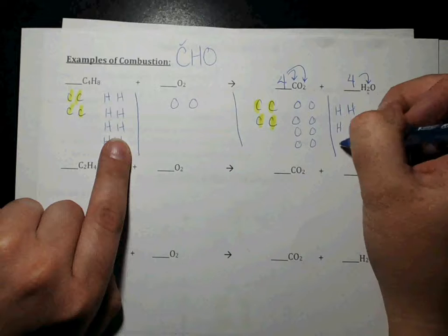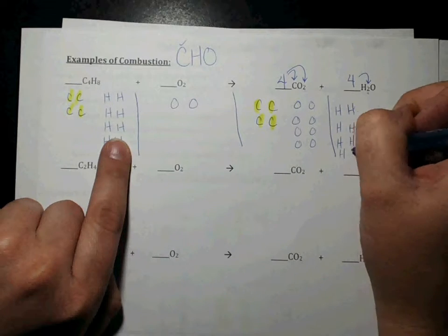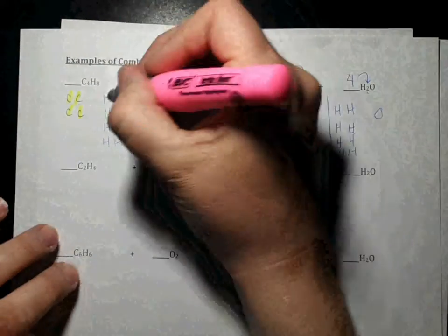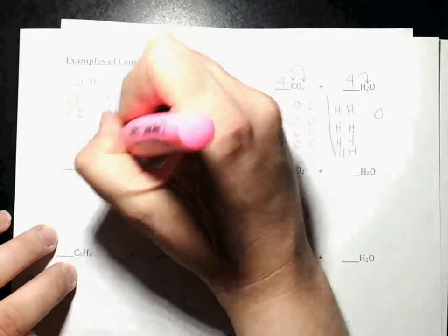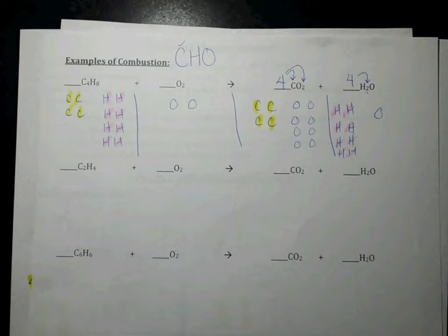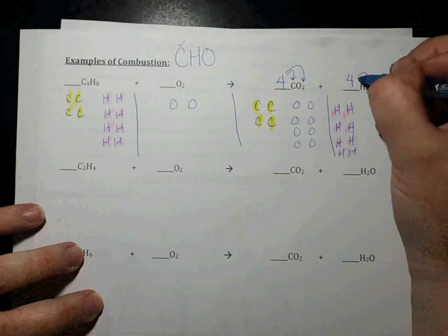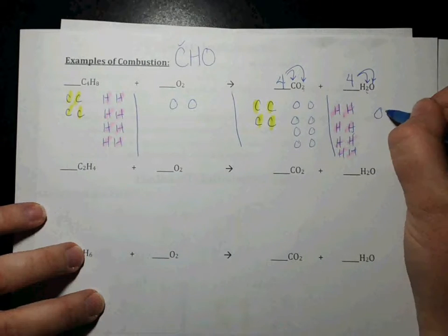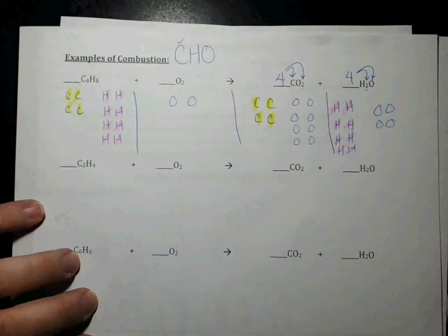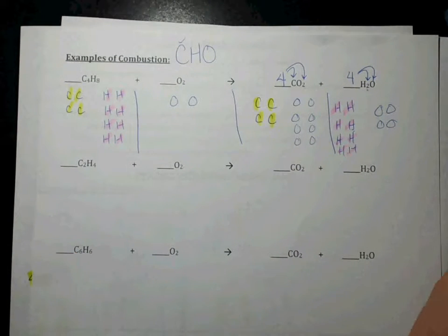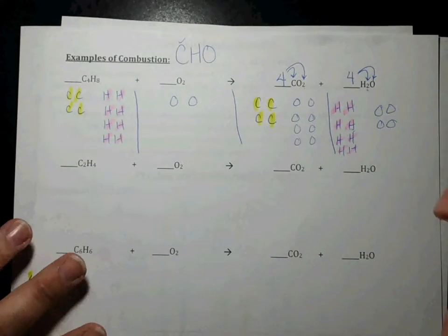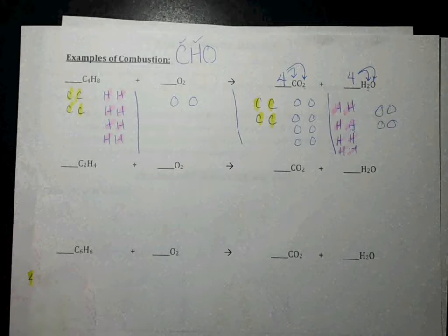So now I have 8 hydrogens here, which again is convenient because that matches real nicely with the 8 on the other side. And this 4 also distributes to the oxygen. 1, 2, 3, 4. Which again is going to change things for my oxygen, but we do things in CHO order. So we have finished our H.